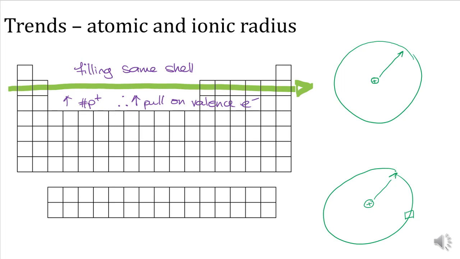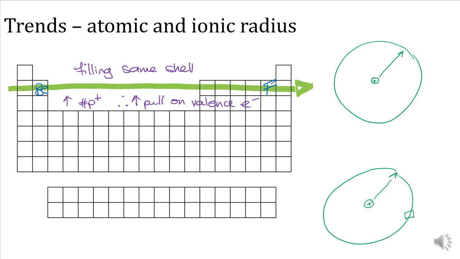Because of that increased pull, something like fluorine is going to be smaller than beryllium, for example. I'm adding electrons into the same shell, so those electrons are the same distance away, but the pull of the fluorine nucleus is stronger because there are more positive charges in there. So as you move along a period, that outer shell is being pulled in closer.